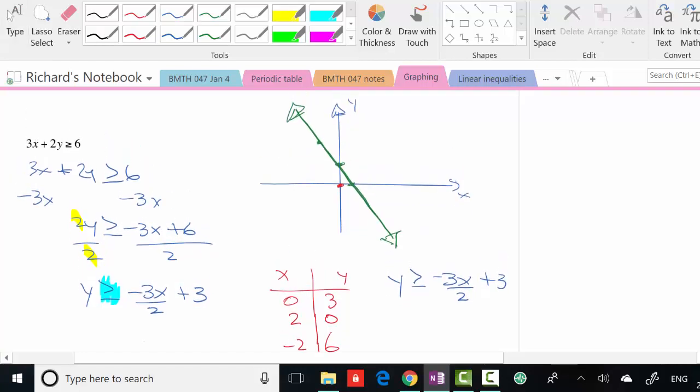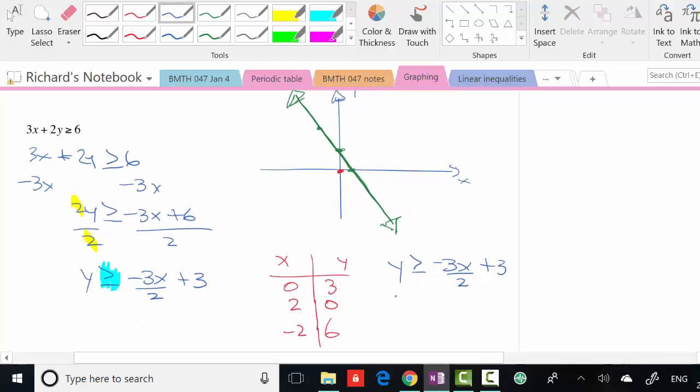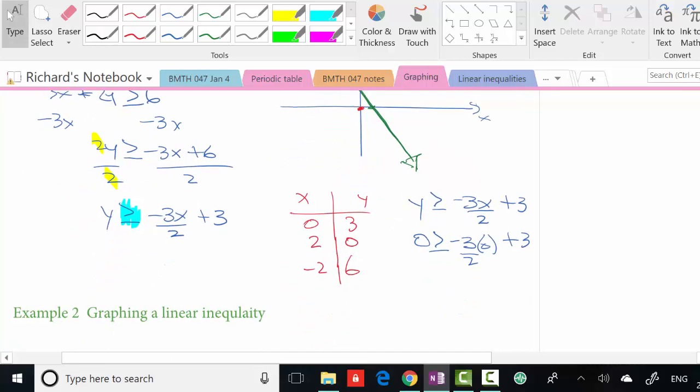All right, so my test point is 0, 0. That means the value for y is 0, and x is 0 in minus 3 over 2 times 0 plus 3.